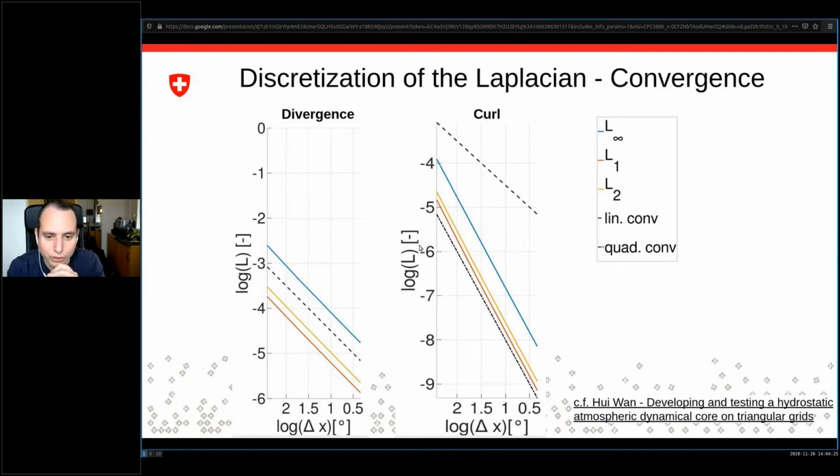So maybe for the people who are out of the loop, linear convergence means that if you double the number of your elements, you will get half the error. And quadratic convergence means if you double the number of elements, you will only get 1/4 of the error. So you will have this quadratic relation, which is obviously preferable.